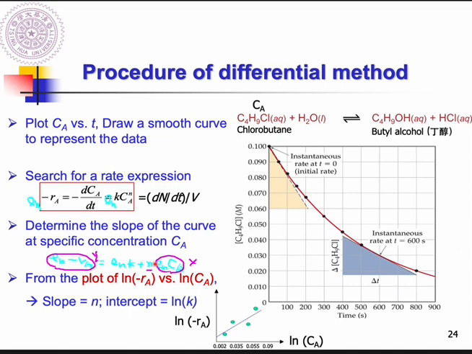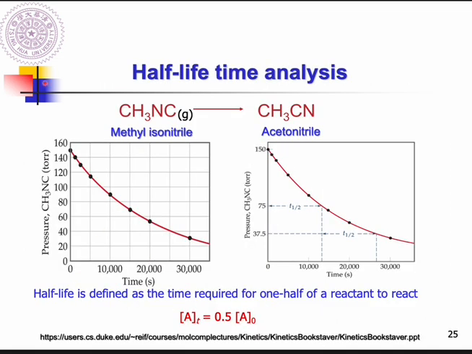So in order to minimize these errors or deviations, your textbook suggests that instead of taking the slope to get the consumption rate for a specific time point, why don't you try to use the half-life time analysis?